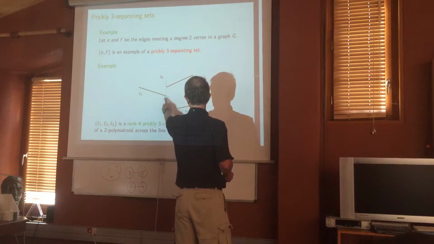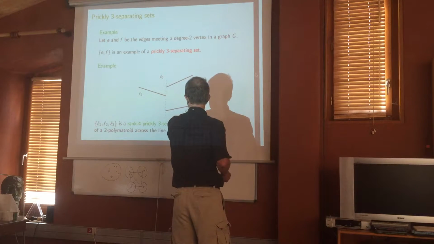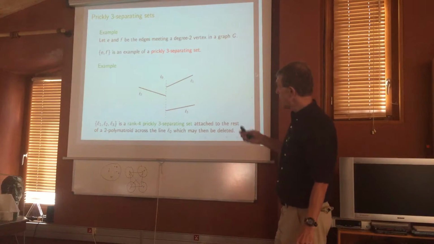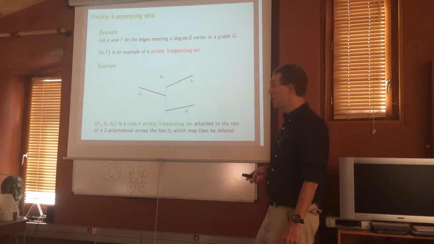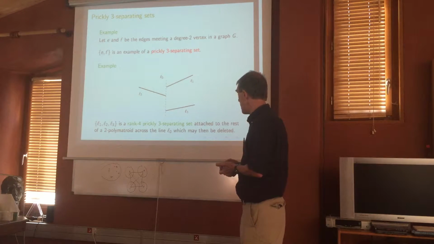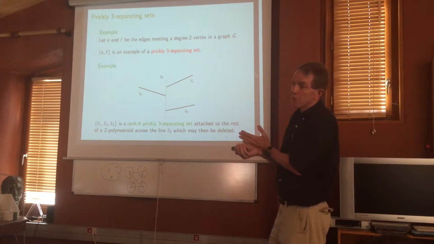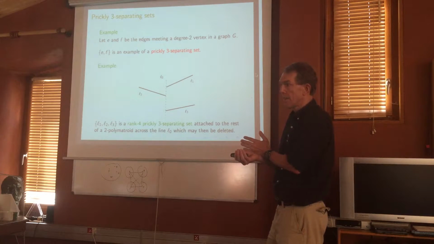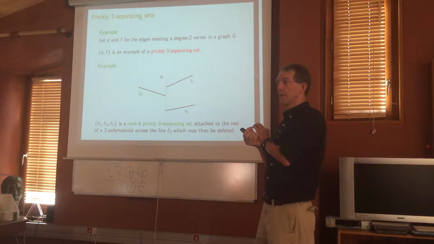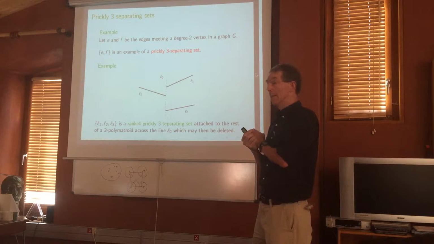So now I'm rank 2, rank 3, rank 4, and I stay in rank 4. So this is all in rank 4. The lines L1, L2, and L3 form a prickly three-separating set. It's attached to the rest of the polymatroid across this line L0, which may or may not be there. We think of these as being spikes sticking out of the thing. We couldn't use the word spike because that's already been used, so prickly became the opposite.